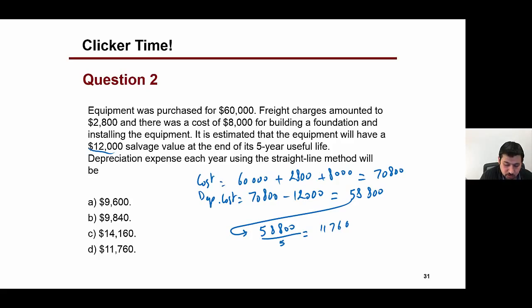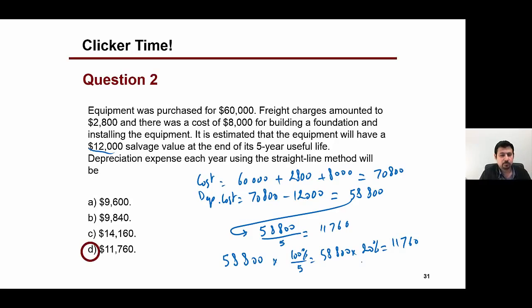The other method, which is also as good, is where we multiply 58,800 by 100% divided by 5, which is equal to 58,800 multiplied by 20%, and that would also be equal to 11,760.